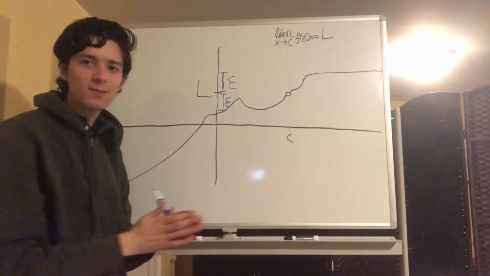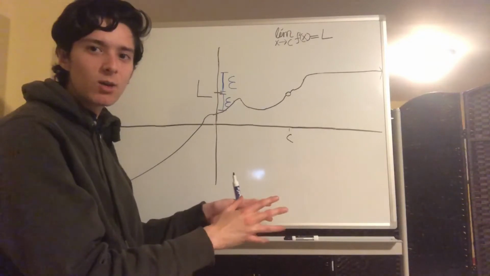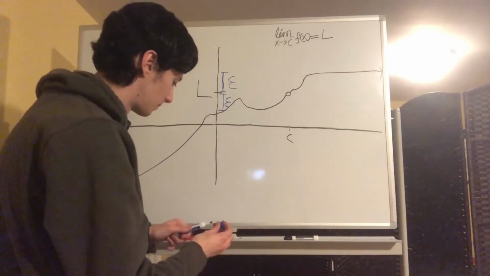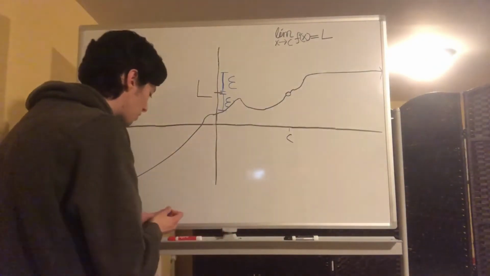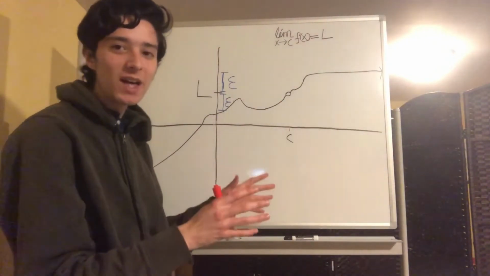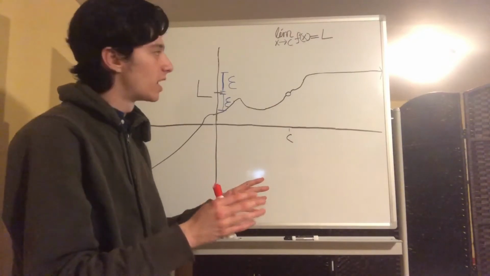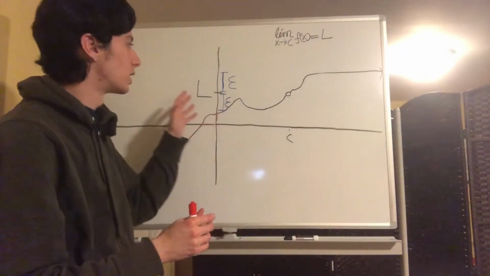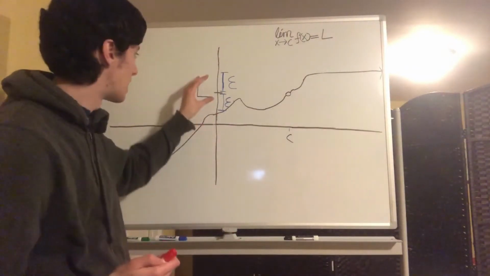So now we want to make some width that we're going to be considering for our function. So we want to choose x values such that within these x values, right, our f of x values will be close to L, and specifically within epsilon.